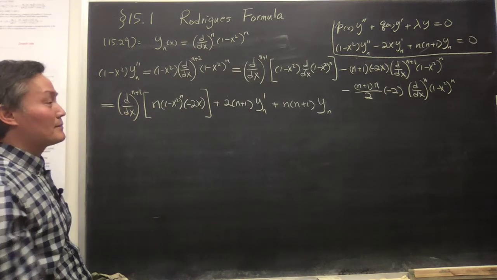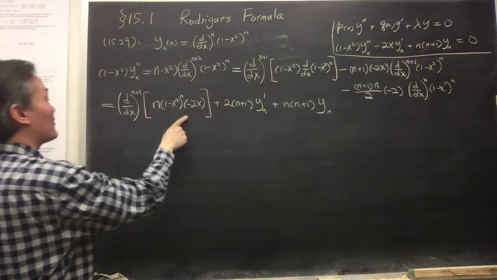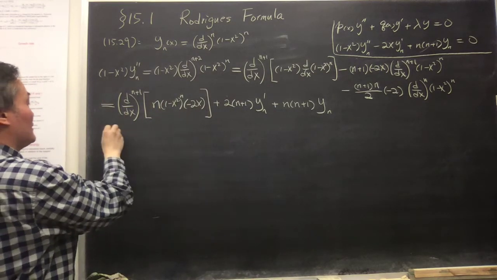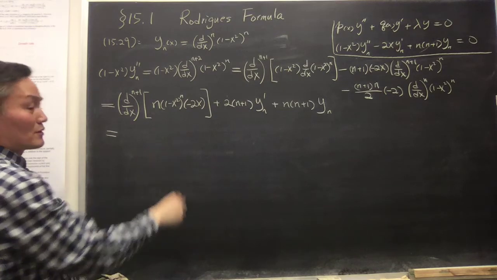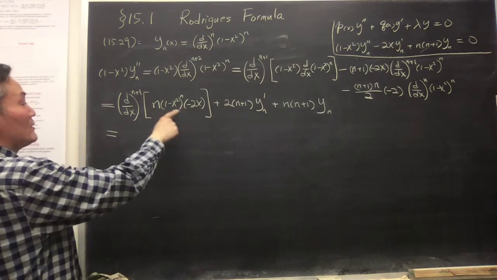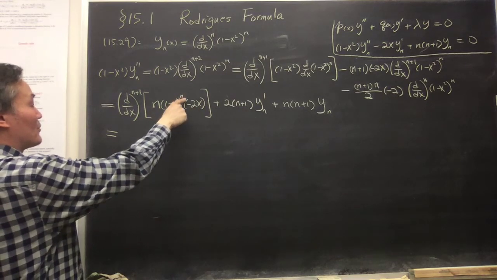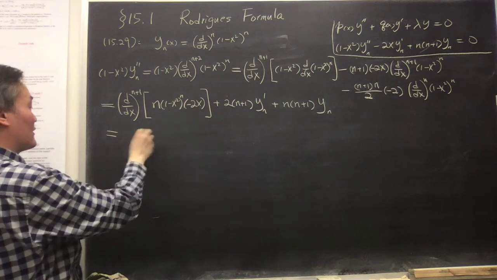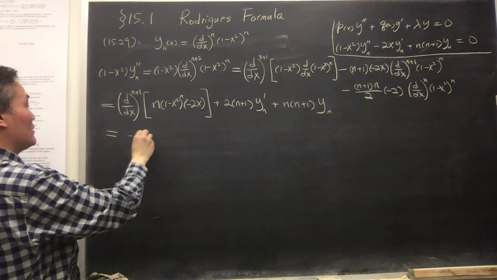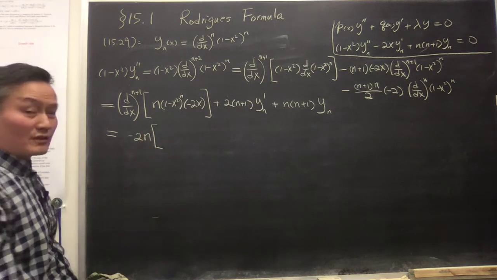All right, and now we want to continue to simplify this one, and what we'll do is use the Leibniz formula again. Now you have x factor and then 1 minus x squared to the power n, and this coefficient you can pull out, minus 2 times n, and then times the Leibniz formula.